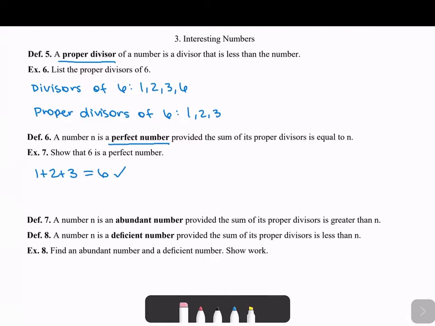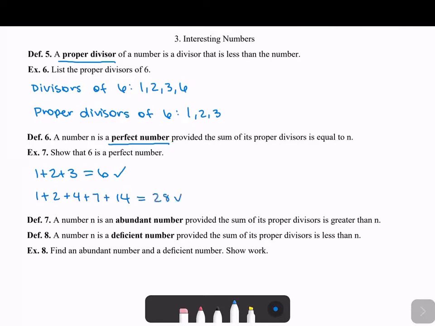The proper factors of 28 are 1, 2, 4, 7, and 14. So 1 plus 2 is 3, plus 7 is 10, plus 14 is 24, plus 4 is 28.